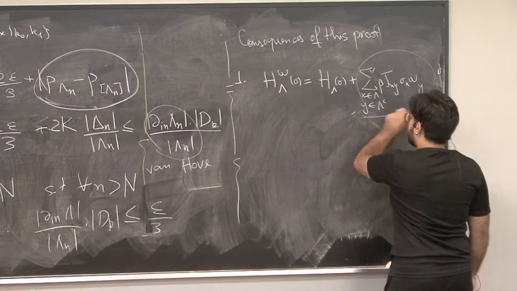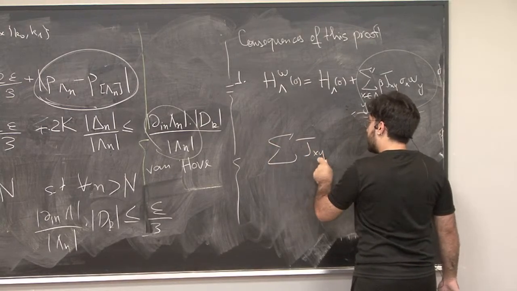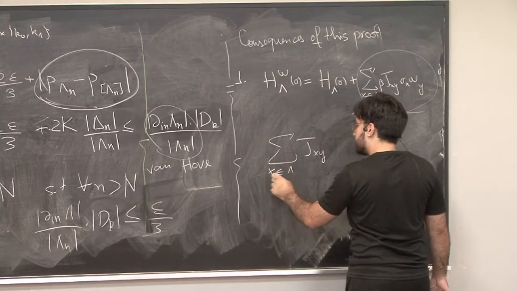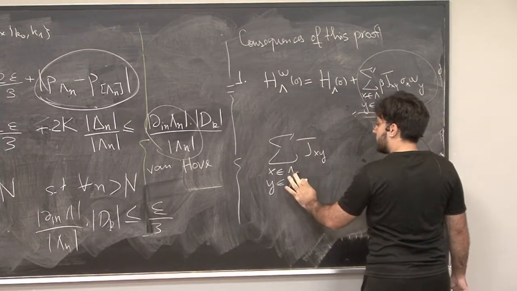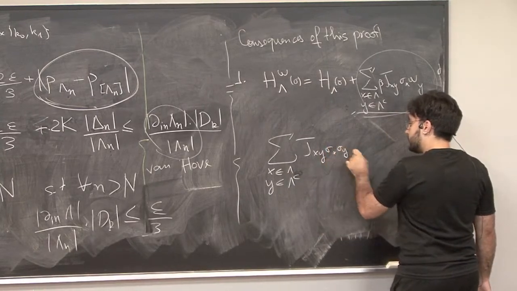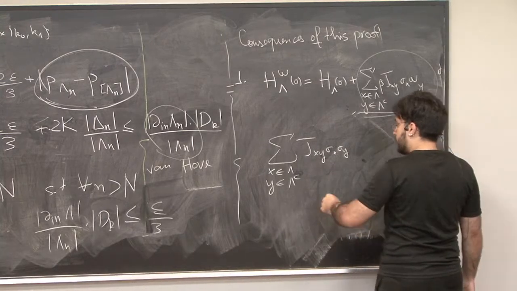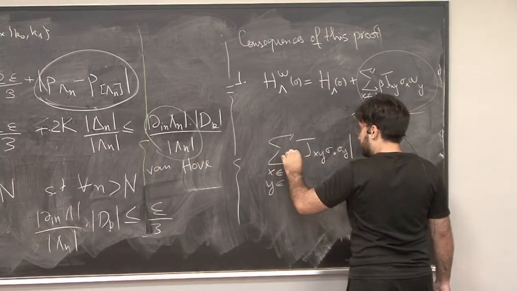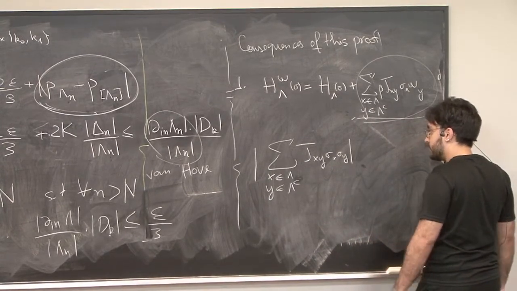So what happens in this case is the following. You have jxy, this term right here, and let us consider every finite box. Again, since this is finite range, we are in the finite range regime.